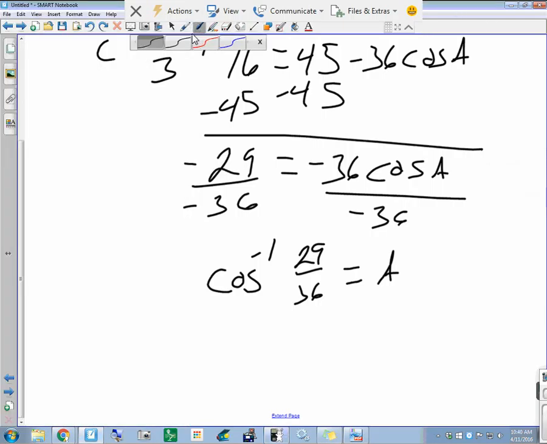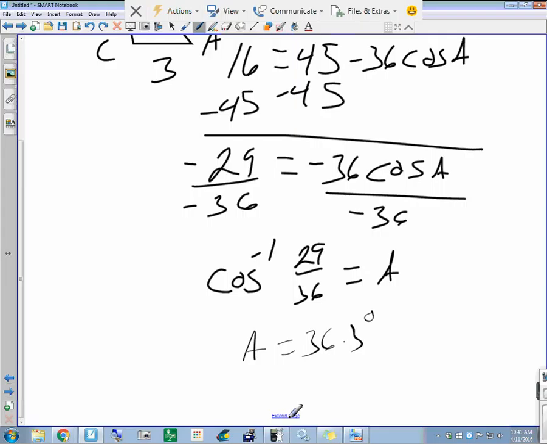So 36.3 degrees, right? Yeah. Now, we would repeat the law of cosines again and come up with the next angle.